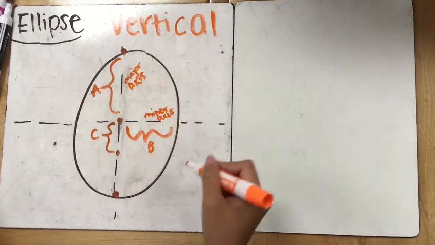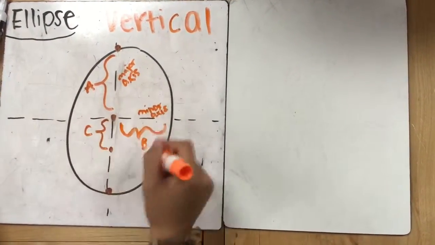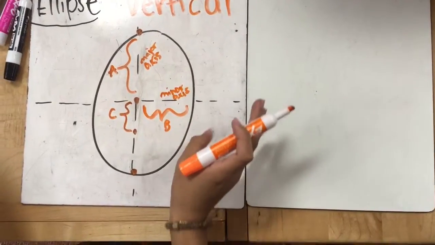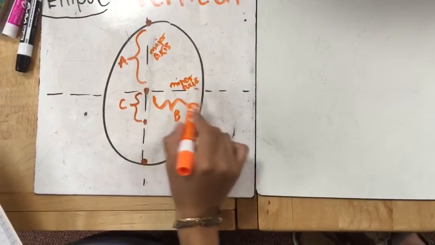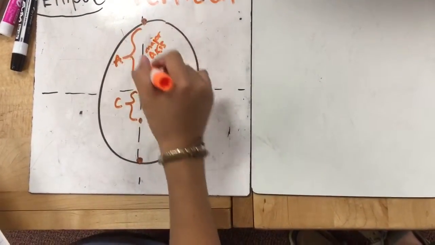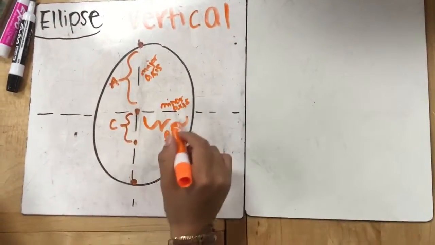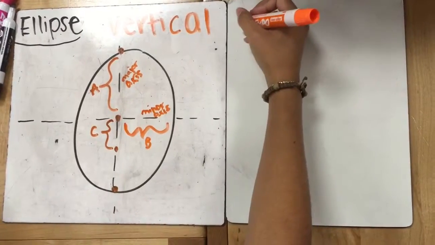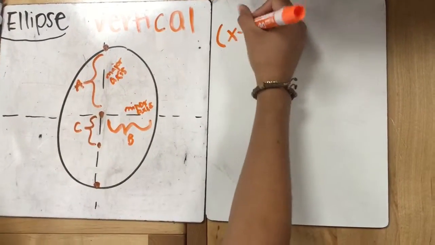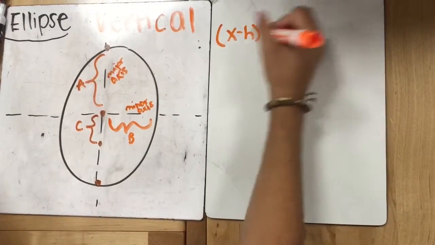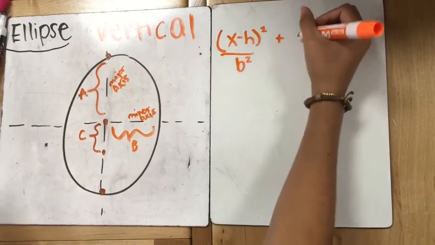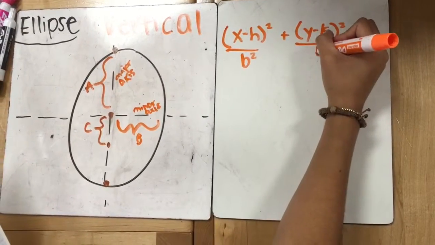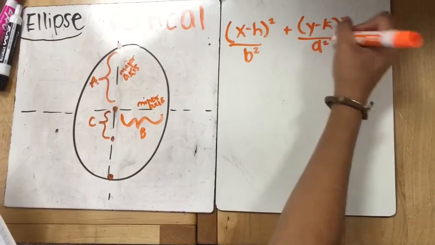This vertical ellipse is basically going to be the same thing as a horizontal. It's labeled the same, except if you move your ellipse this way, this would be your minor axis, while this is your major axis, but this is still A, this is still B, and this is still C. So to find a vertical, you're going to use x minus h squared over b squared plus y minus k squared over a squared is equal to 1.